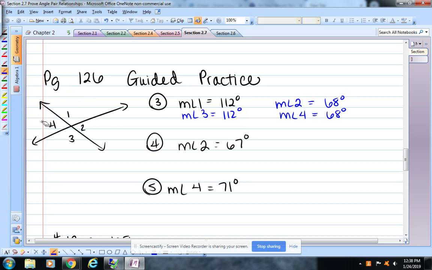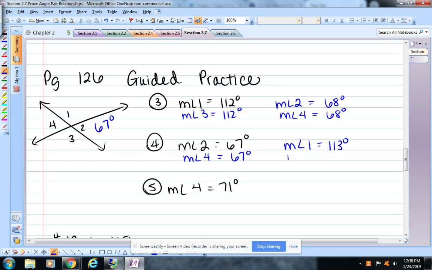So likewise, on number 4, it tells me that the measure of angle 2 is 67 degrees. Well, that is a vertical angle with angle 4. So the measure of angle 4 is also 67 degrees. And it makes a linear pair with angle 1 and angle 3. So they're supplementary. So the measure of angle 1, for example, would be 180 minus 67 degrees, which is 113 degrees.